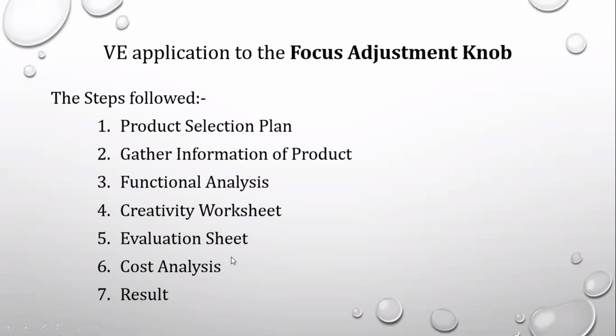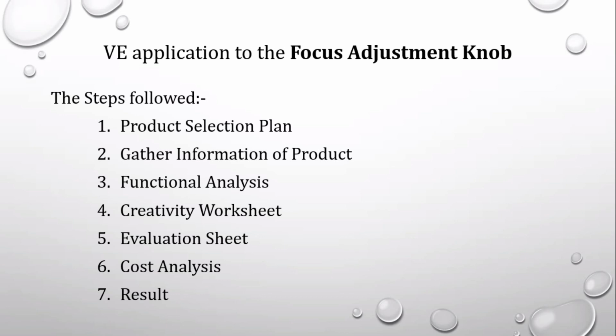Okay. Right. So in doing that, we need to approach this particular product systematically, right? Product selection plan, right? So this particular knob is made out of various products, right? And we gather information on the product.